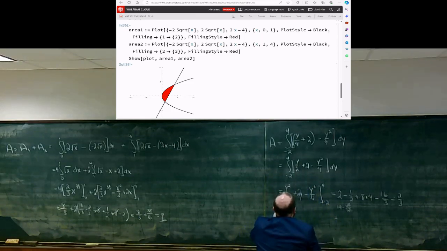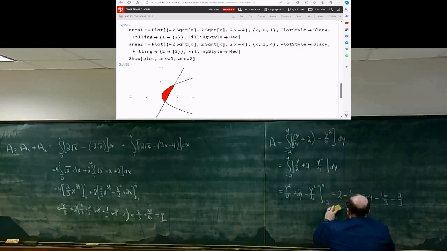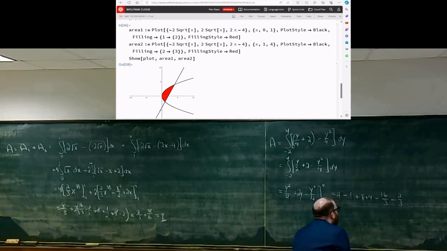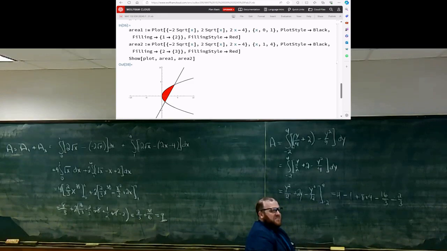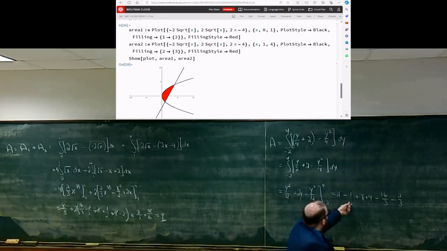Y over 2, which makes this y squared over 4. Squared 16, 16 over 4 is 4. And then minus 1. Let's try that again. 3, 7, 15.